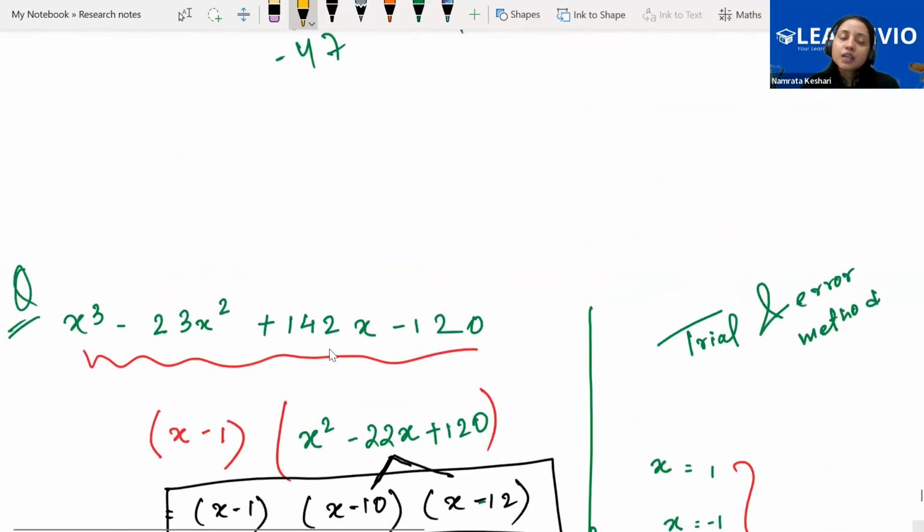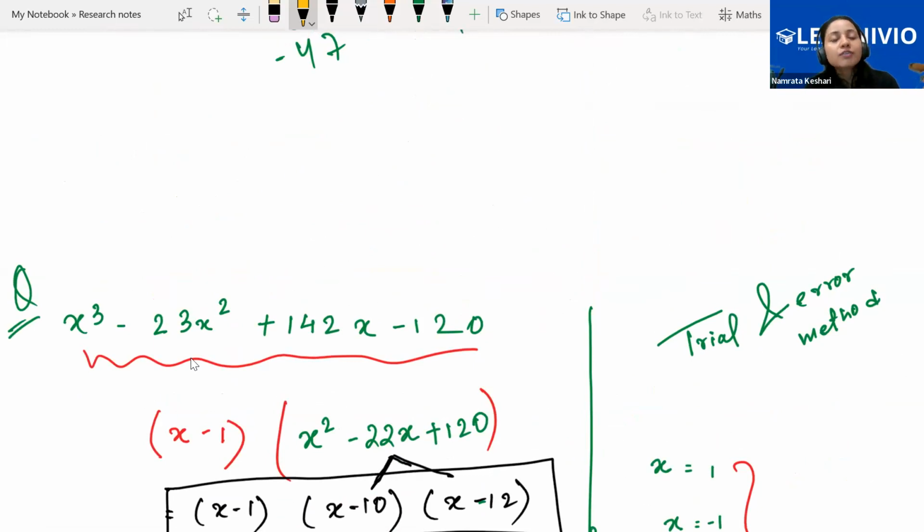This is how we will be doing the factorization of this type of cubic polynomial. First step is to check which x value is the zero of this polynomial. Once you find the zero, you will be able to find one of the factors. Once you have one factor, divide your polynomial by that factor, and whatever is there in the quotient is the other factor.